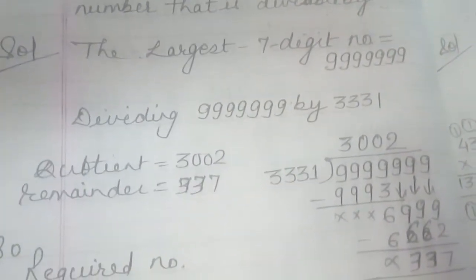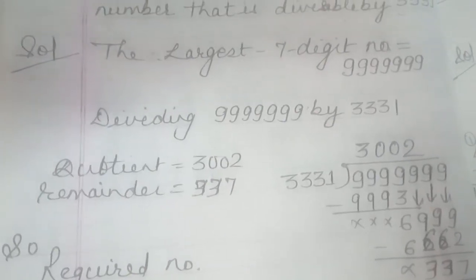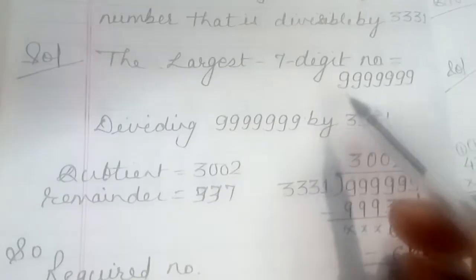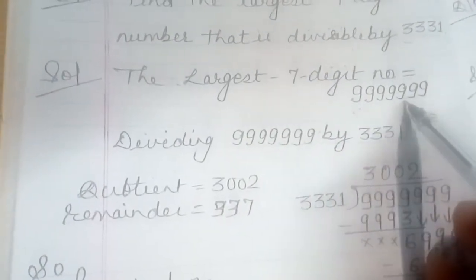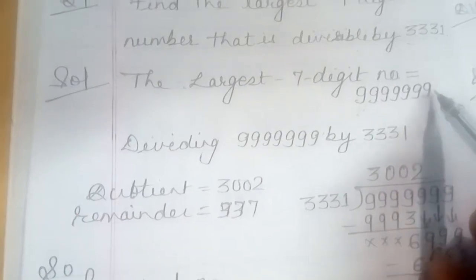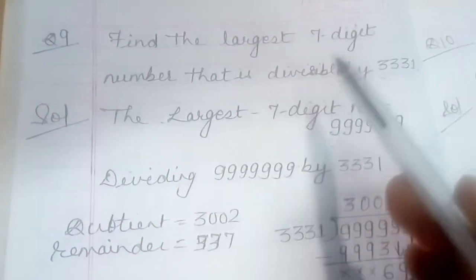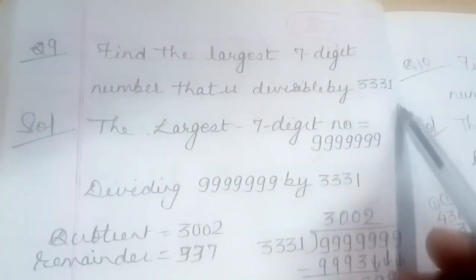You can see I have written here 7 times 9 as the largest 7-digit number. So it is 99,99,999.